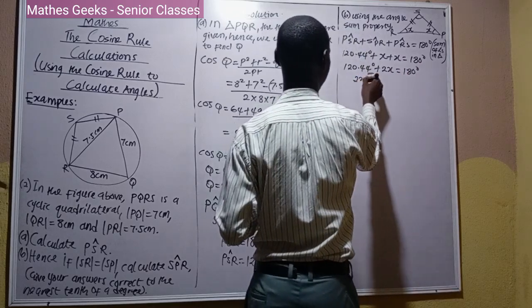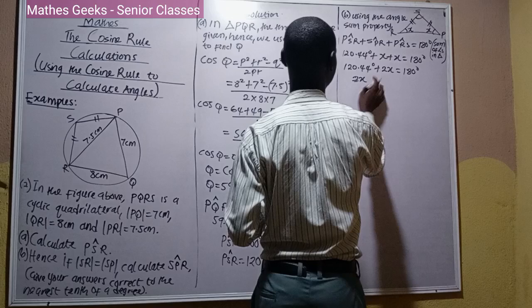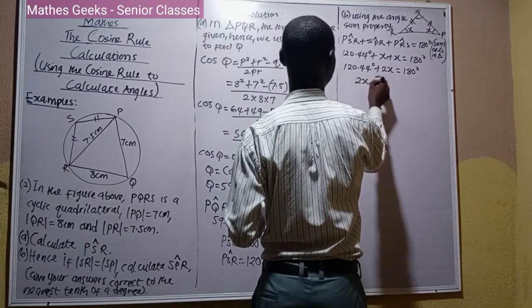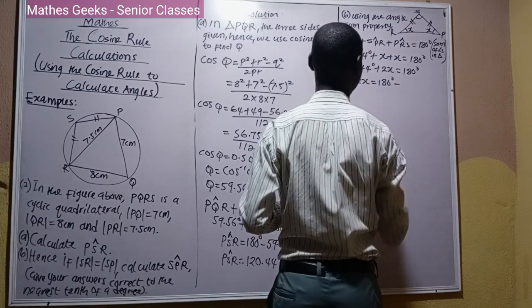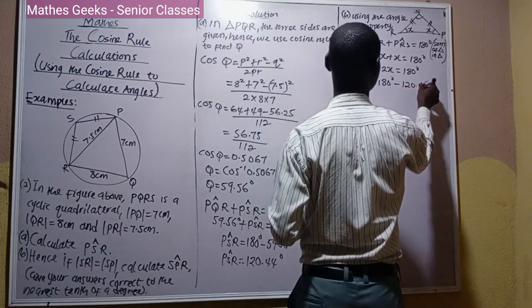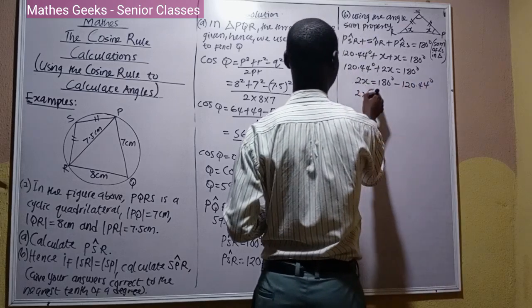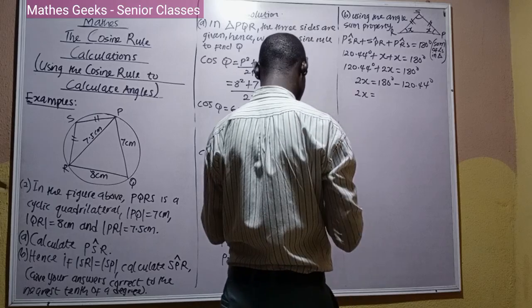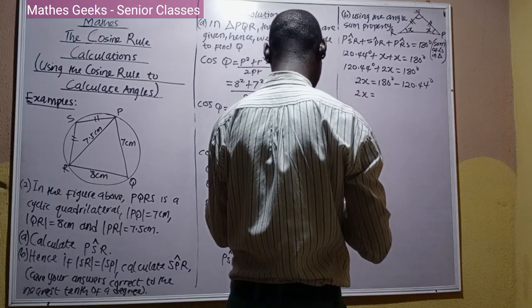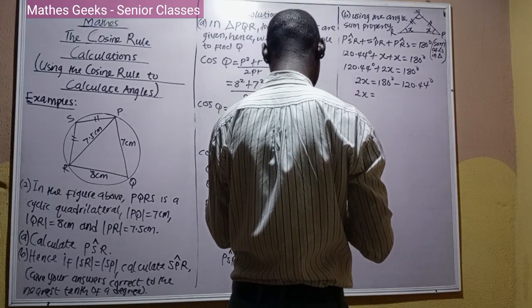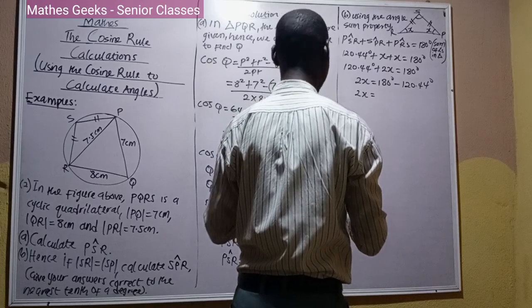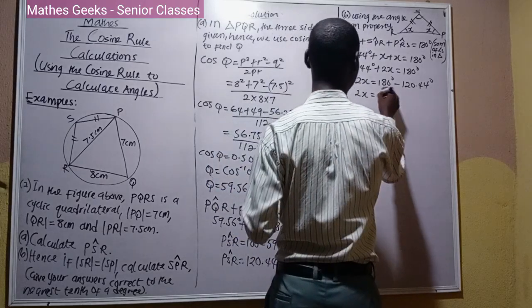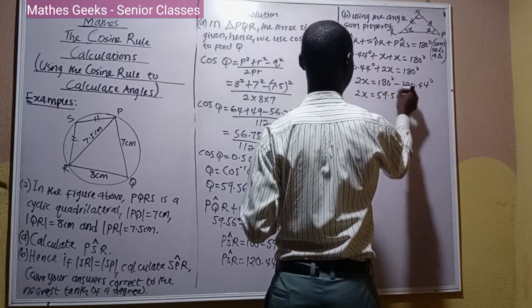So 2x, collecting like terms: 2x will be here, and this will move over, 180 degrees minus 120.44 degrees. So 2x equals 180 minus 120.44, which is 59.56 degrees.